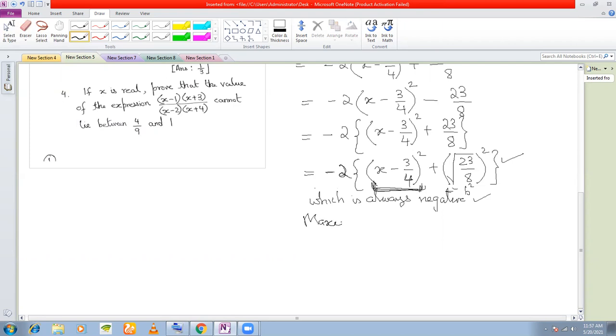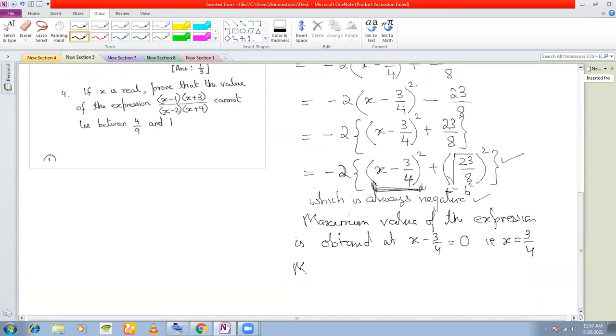Maximum value of the expression is obtained at x minus 3 by 4 is equal to 0. That is x is equal to 3 by 4.